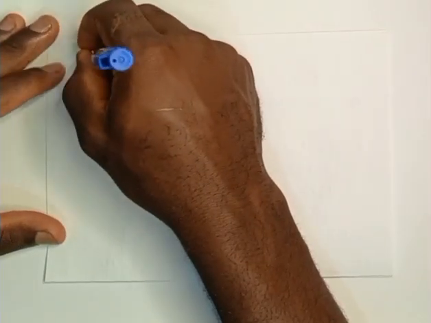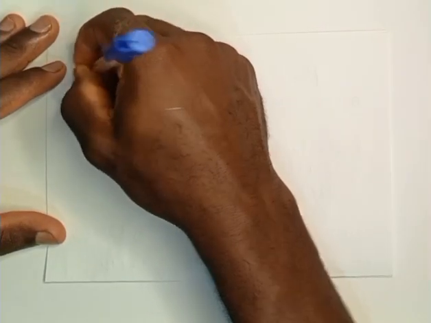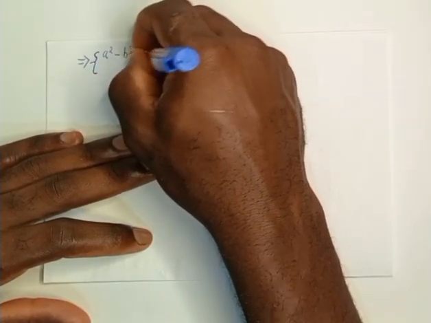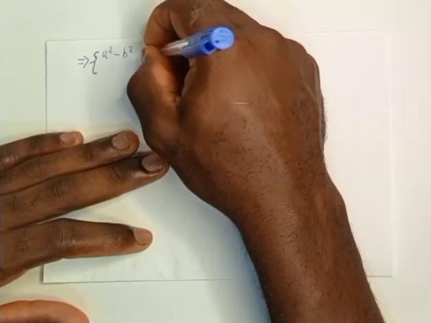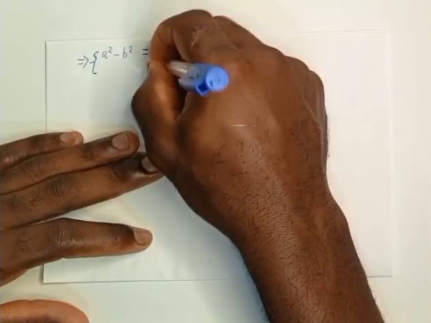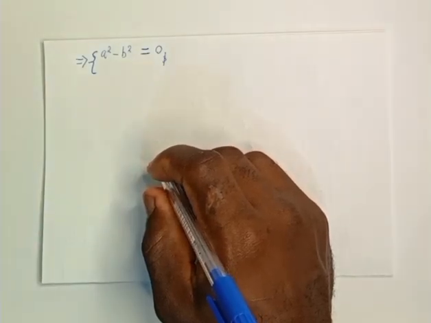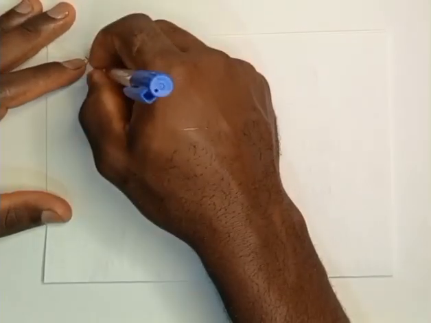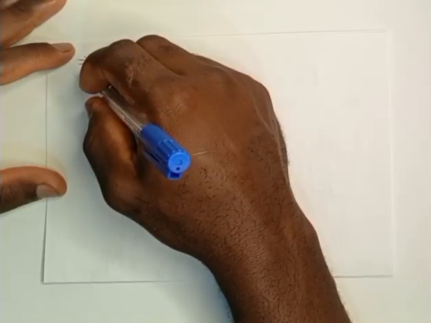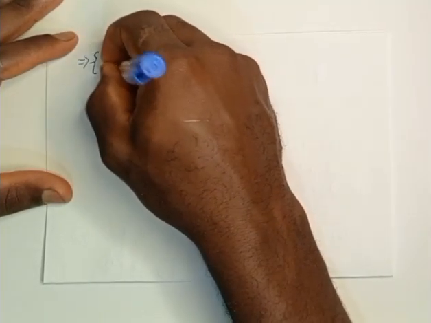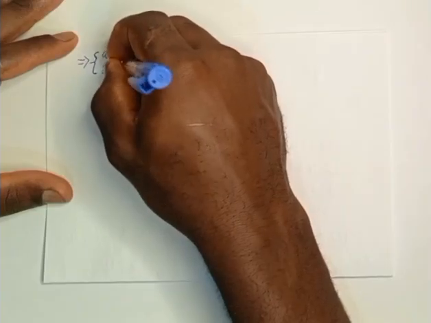This will imply that a squared minus b squared is equal to the real part 0, and for the imaginary parts we are going to equate i to 2abi. This will give us 2abi equal to i.